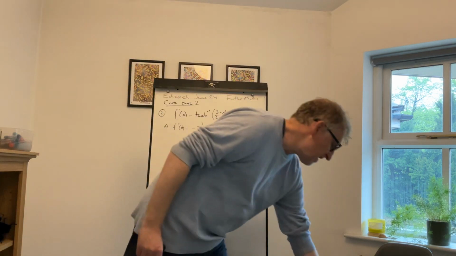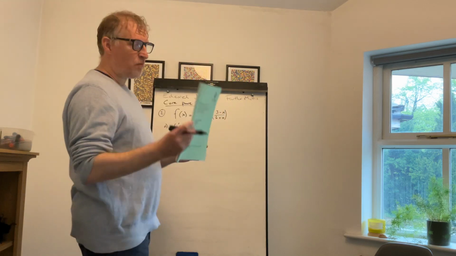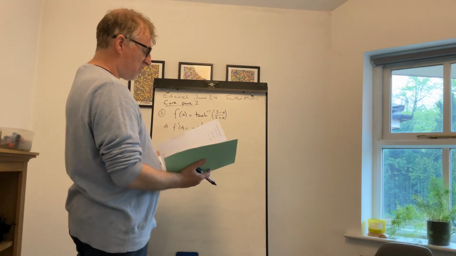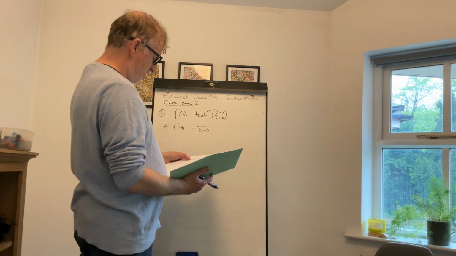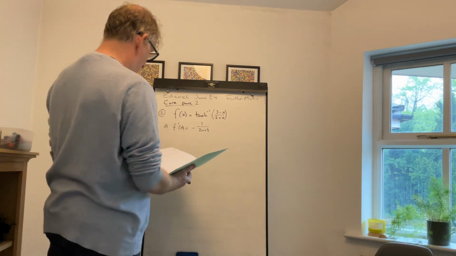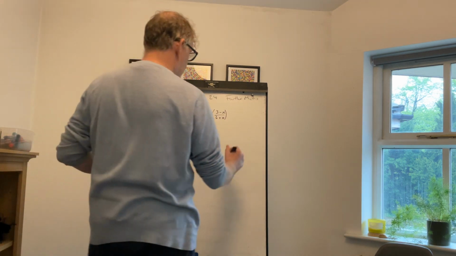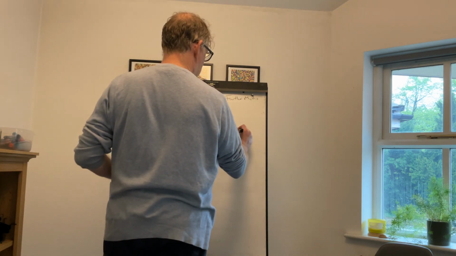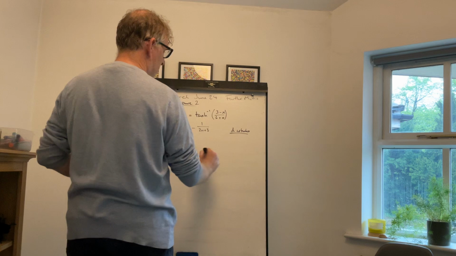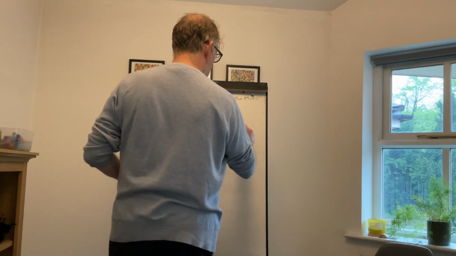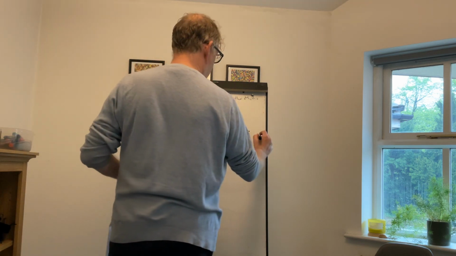There are so many ways we could go about this. Firstly, never forget, there's lots of help in your formula booklet. It actually gives you the differential of artanh. If you differentiate artanh, which is tanh to the minus 1, you get 1 over 1 minus x squared.